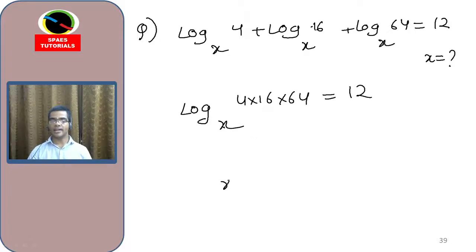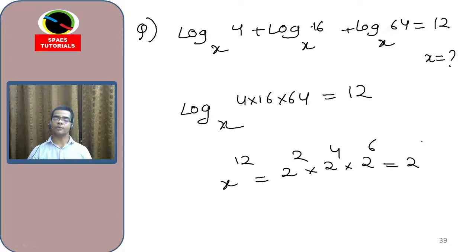So now we can write this as x power 12 is equal to 4 can be written as 2 square, 16 can be written as 2 power 4, and 64 can be written as 2 power 6. So 2 power 2 into 2 power 4 into 2 power 6 is nothing but 2 power 12. So powers are the same. Therefore x is equal to 2.